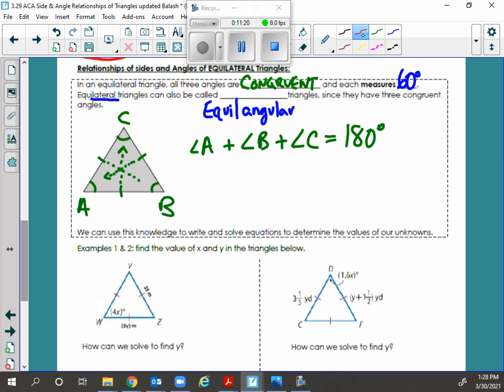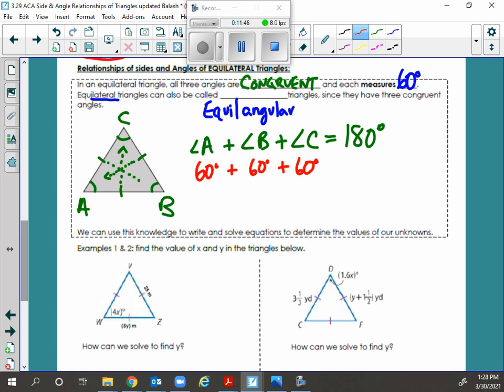And that, my friends, is 60 degrees. There's no other option. If any of those numbers are different than 60, and it still equals 180, well, then guess what? It means the sides are different lengths. Okay?